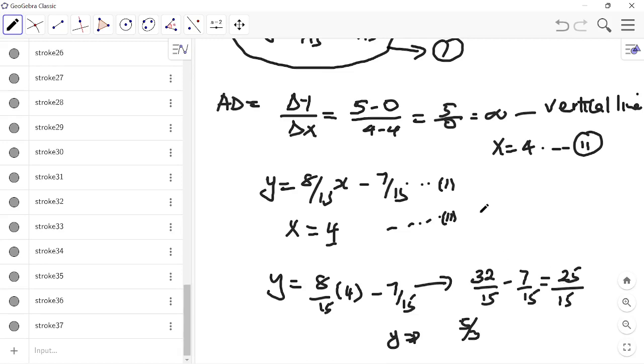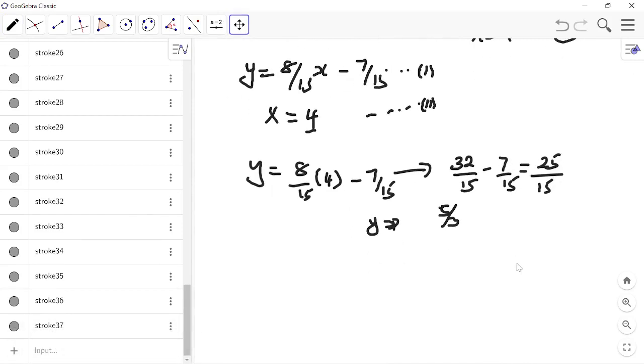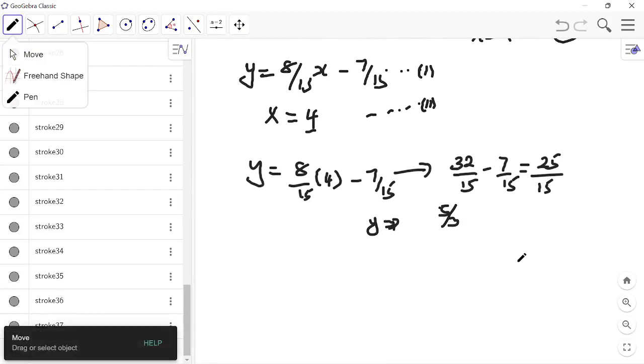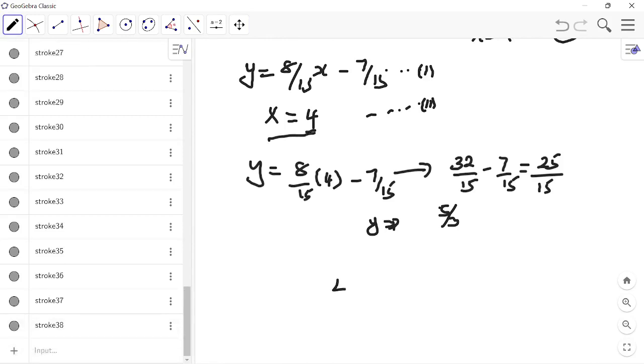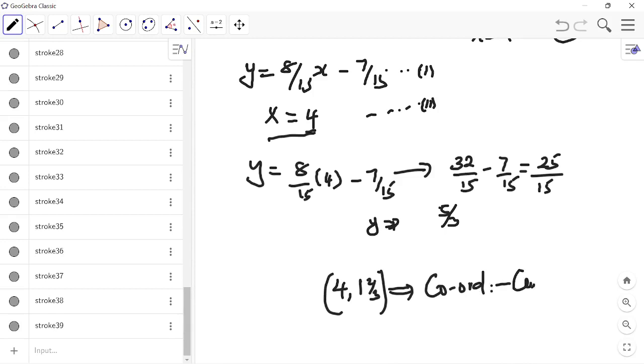So you don't need to go far again. Because you are determining the intersection point, x is 4 and y is 5 over 3, which is 1 and 2 over 3. So this is the coordinate of the intersection point, the centroid.